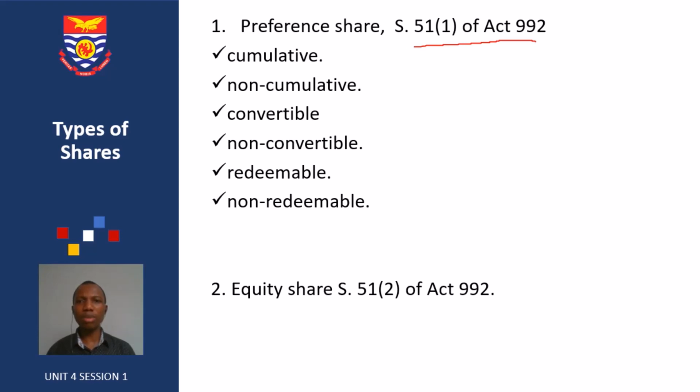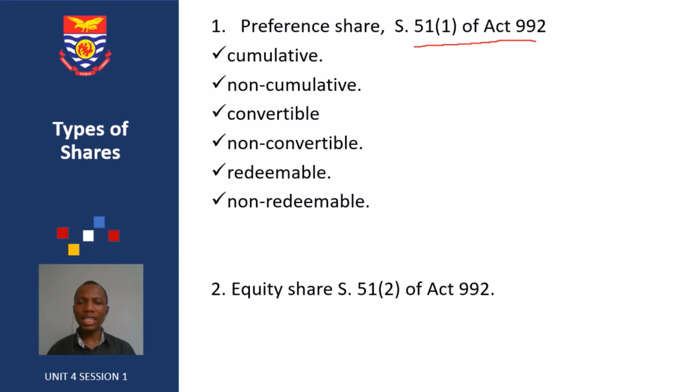People give different names to that particular type of share, but in simple terms, preference shares are shares that do not entitle the holder to participate beyond a specific amount, whether in terms of dividends, redemption, or in the case of winding up. The holder of the preference share will not participate beyond a specific amount that is stated.